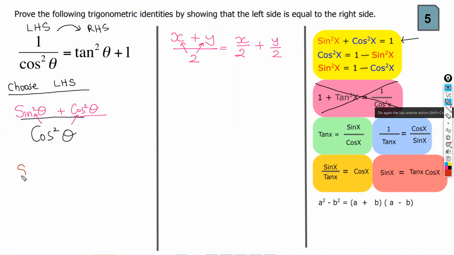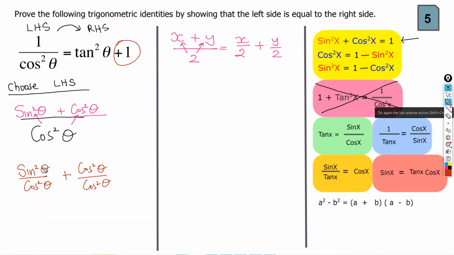So you're going to end up with sine squared divided by cosine squared plus cosine squared divided by another cosine squared. We know cosine squared divided by cosine squared is going to give us the 1. And over here, sine divided by cosine will give us tan.